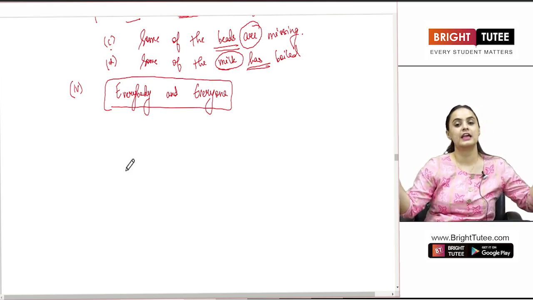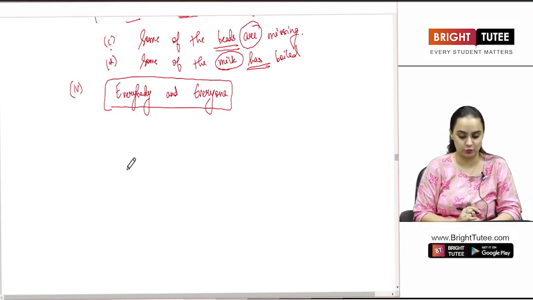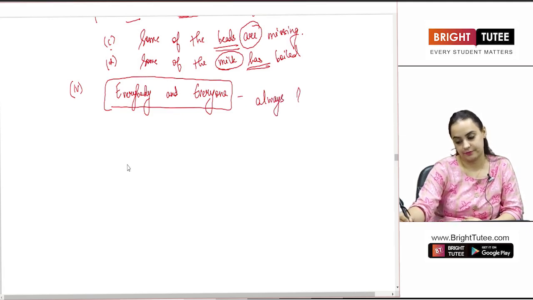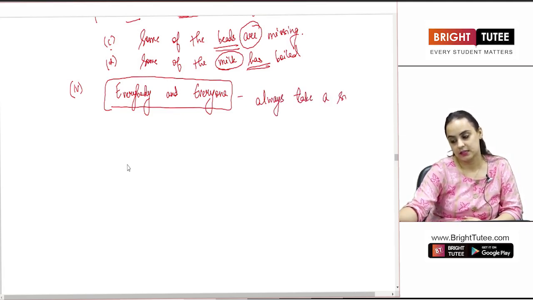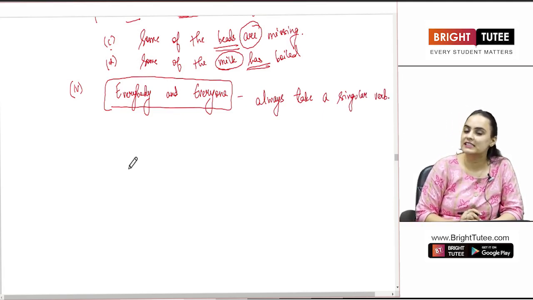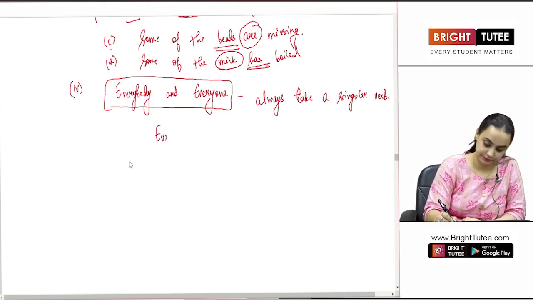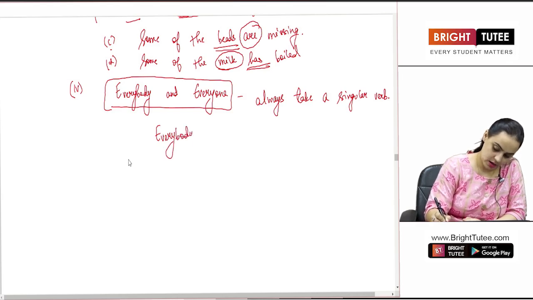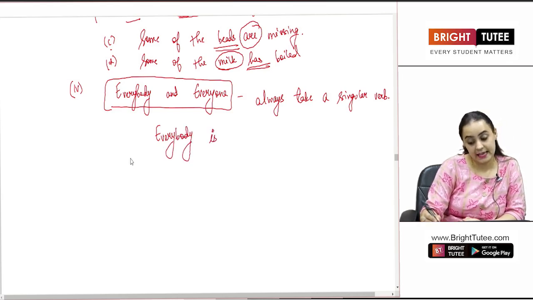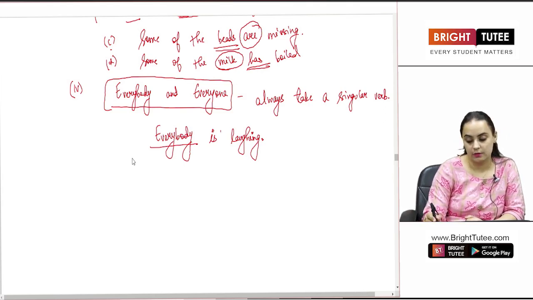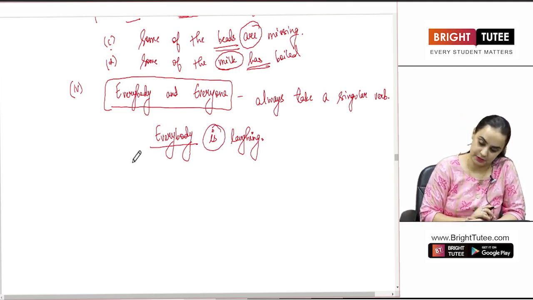We are talking about everybody, a lot of people, but they always take a singular verb. For example, everybody is laughing. Singular verb is used with the subject everybody.